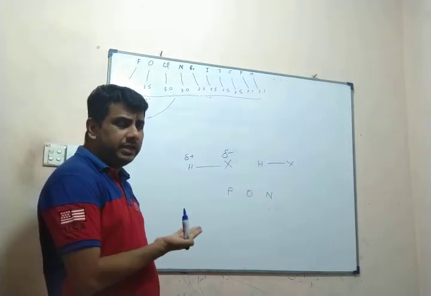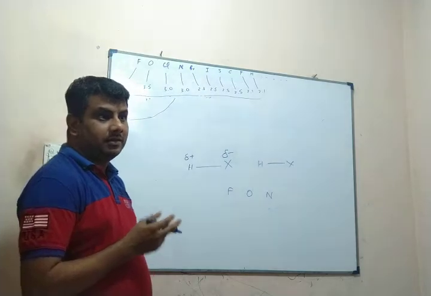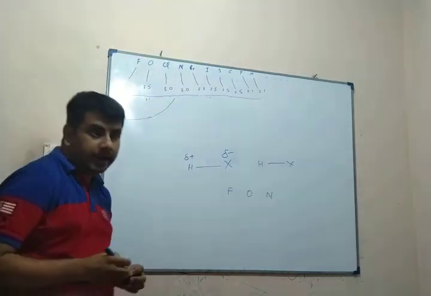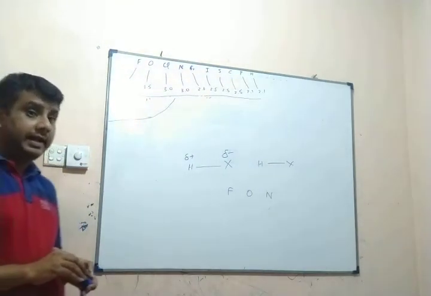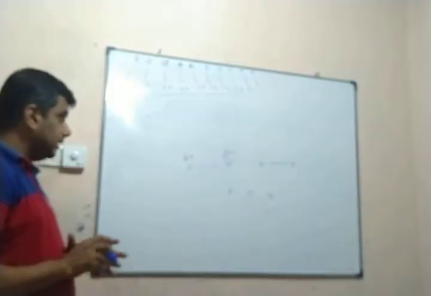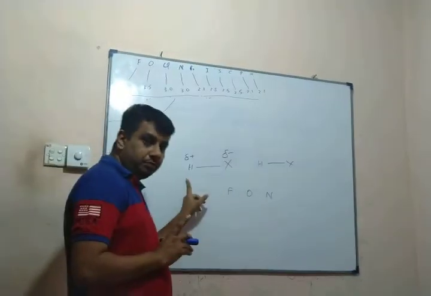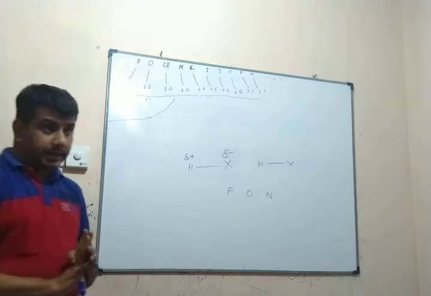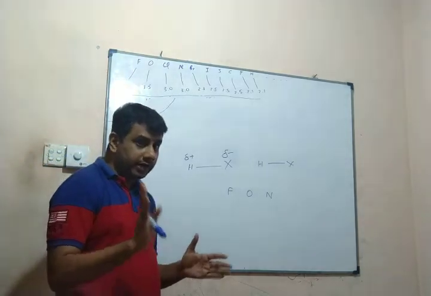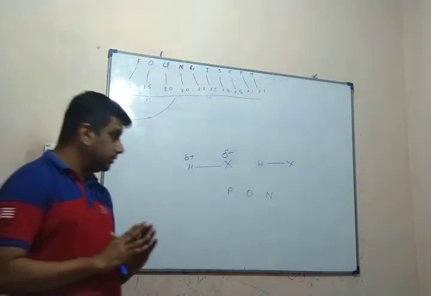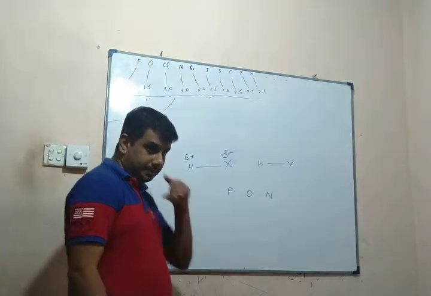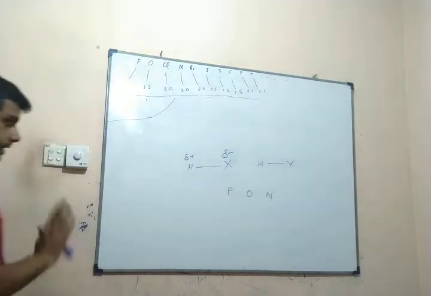That is actually a dipole attraction, but this is specially called hydrogen bonding. Remember, the positive pole should be hydrogen. The negative pole should be any electronegative atom, but generally these 3: fluorine, oxygen and nitrogen.